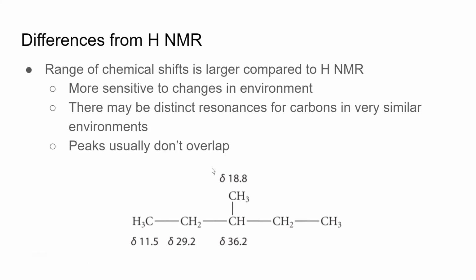We'll go over why the resonances differ later in this lecture, but as you can see, it's very easy to identify these carbons just based on a table and understanding the trends. So even though we are missing information about the splitting, and often about the relative abundances, through this greater range of chemical shifts we're still able to deduce a lot from carbon NMR.